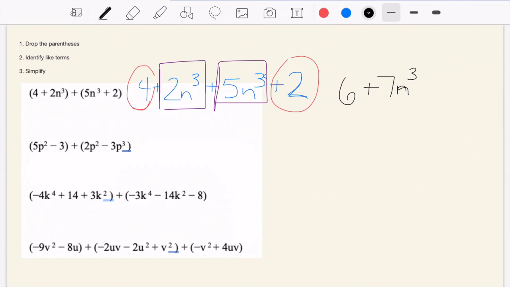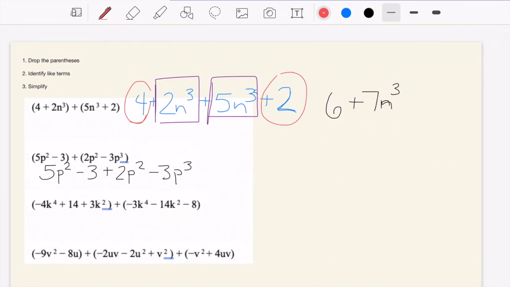All right, so let's look at the next one. Again, following these steps, we're going to drop the parentheses. So we have 5p squared minus 3, drop the parentheses, keep going, plus 2p squared minus 3p cubed. Let's take our first color, and I'm just using the colors so we can see it a little better on here.